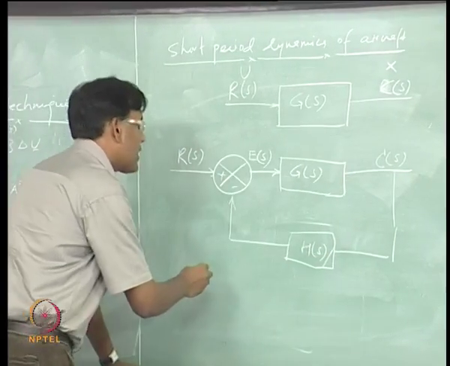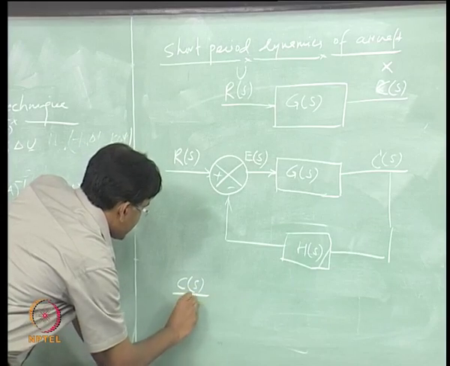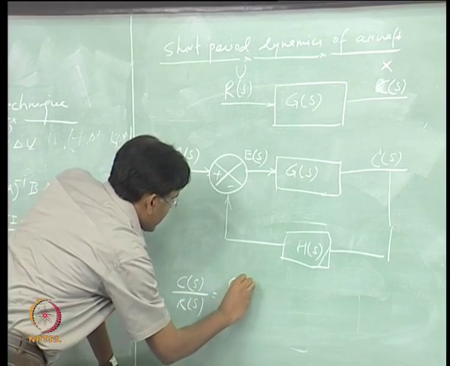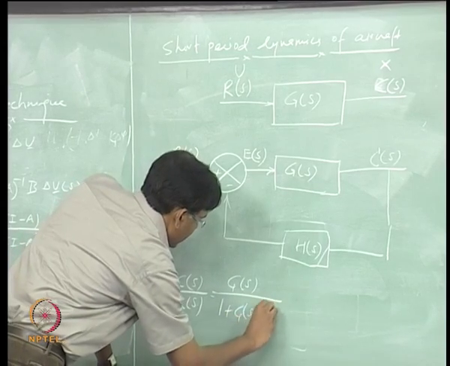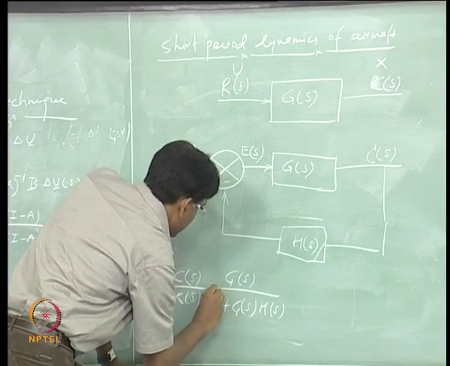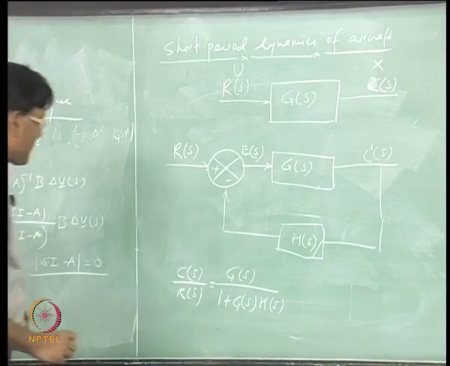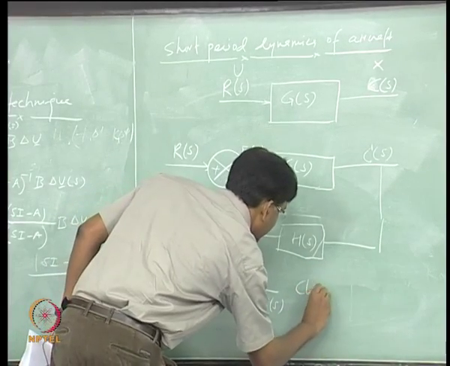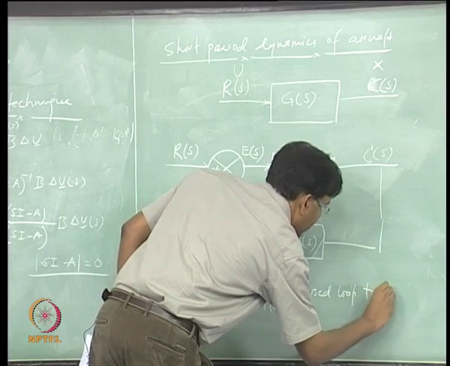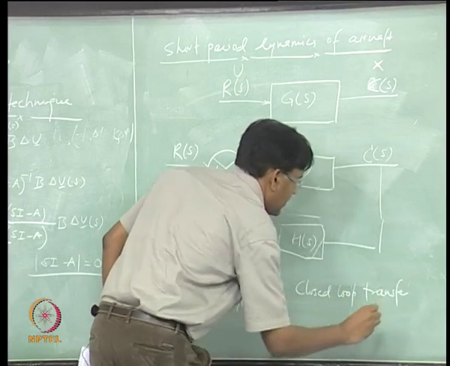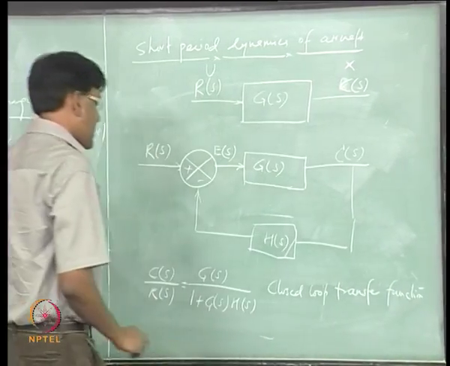The new input output relation with this feedback system in place is this, and this is the closed loop transfer function.